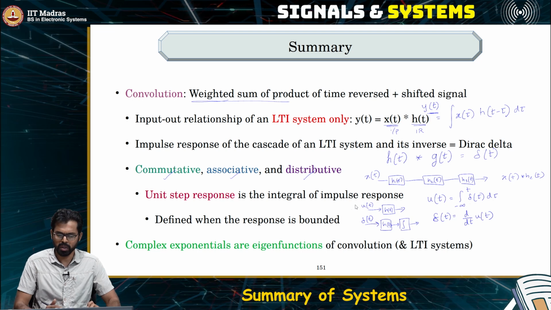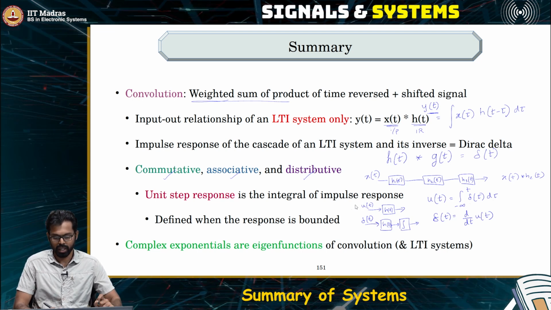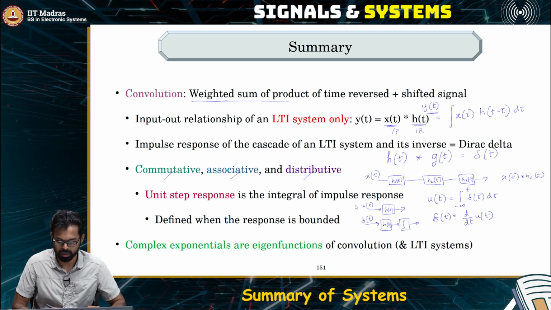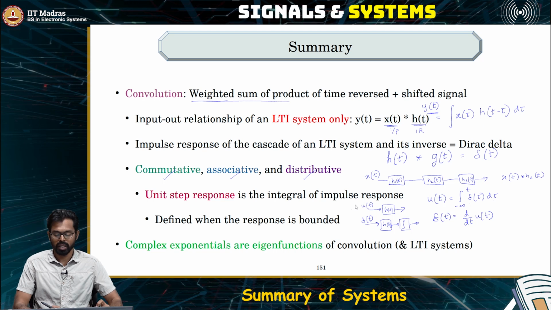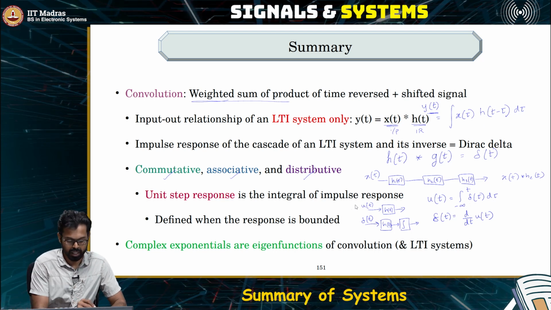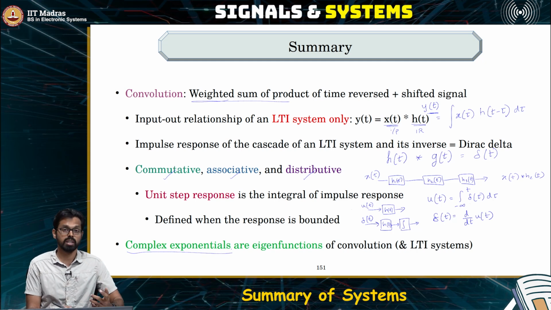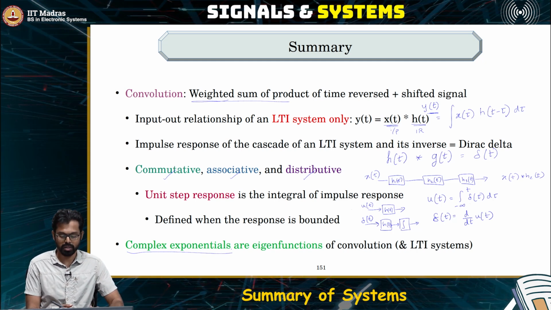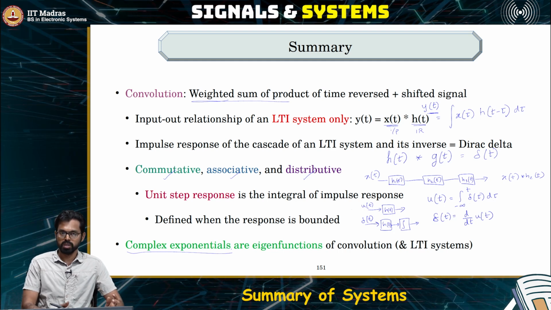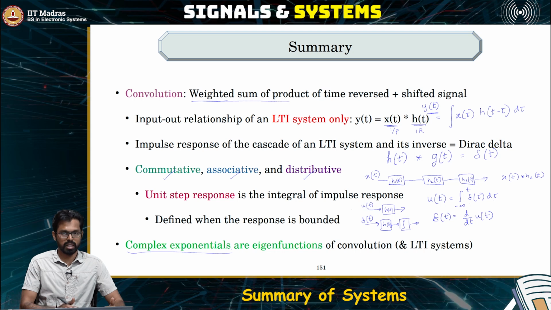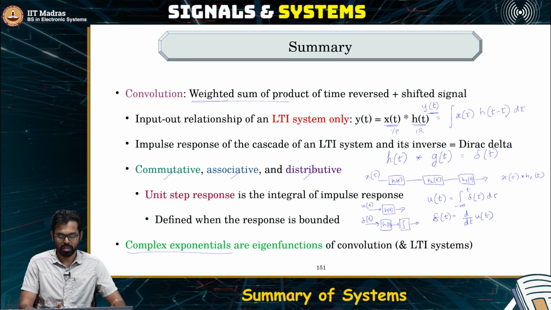So this summarizes most of what we saw under systems, and we'll end this with a very important property of the LTI systems. The LTI systems have an interesting eigenfunction, and that eigenfunction is the complex sinusoids or the complex exponentials that we described in our signals. We saw that complex exponentials are already eigenfunctions of the differentiators and integrators, and differentiators and integrators are LTI systems.